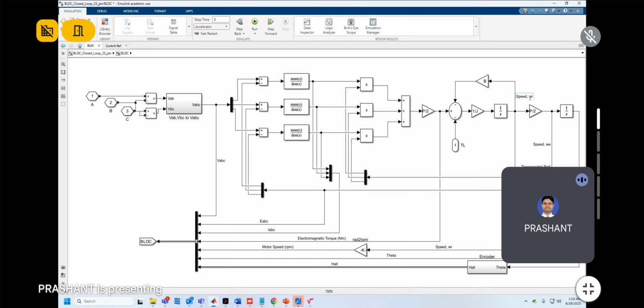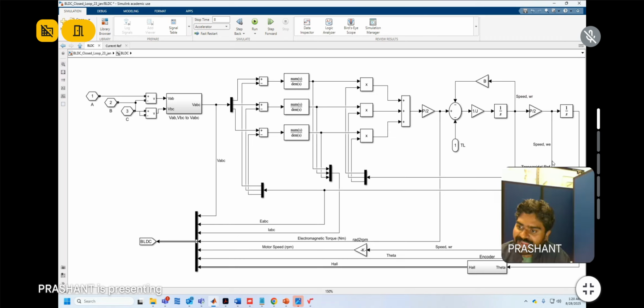With this mechanical speed of the motor, there are some relations. Electrical speed is equal to the mechanical speed times P by 2. From this relation we get the electrical speed of the motor, omega e.